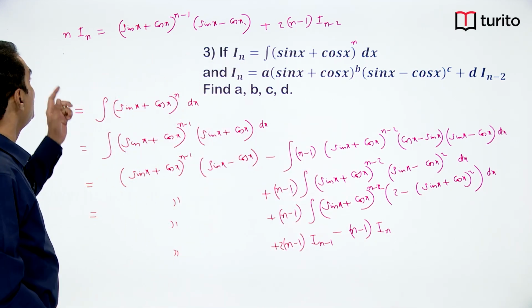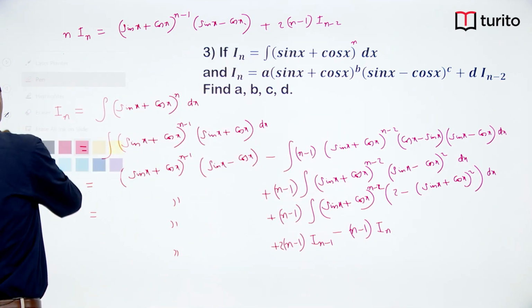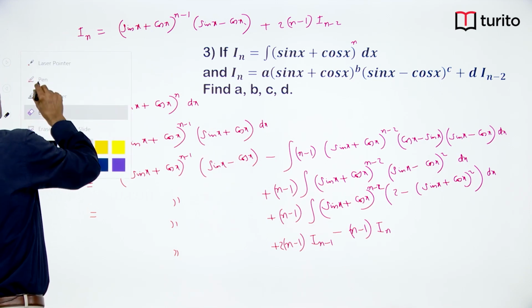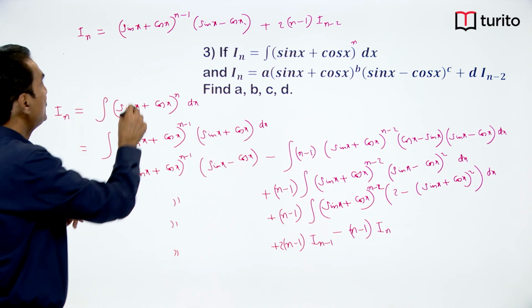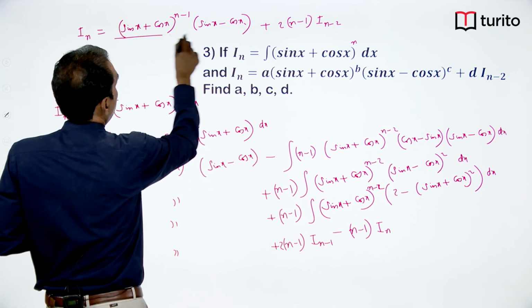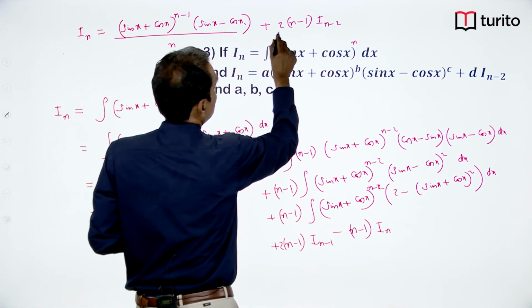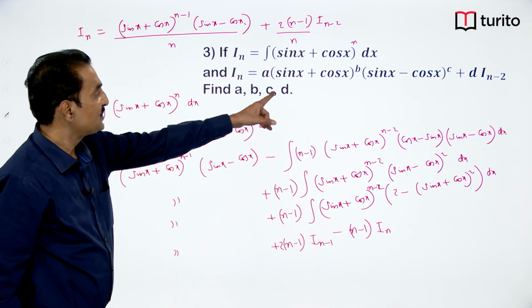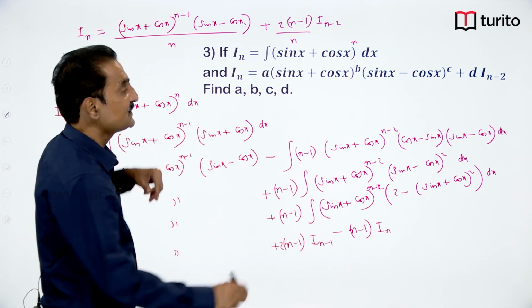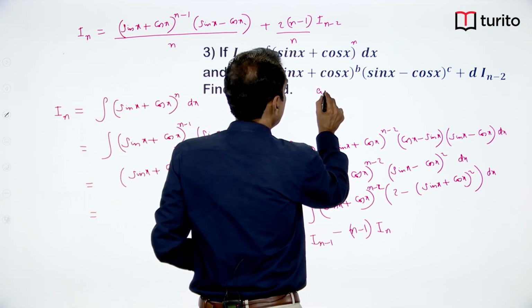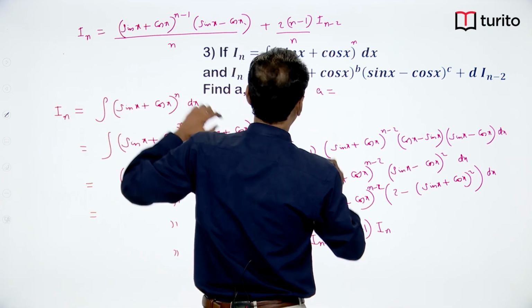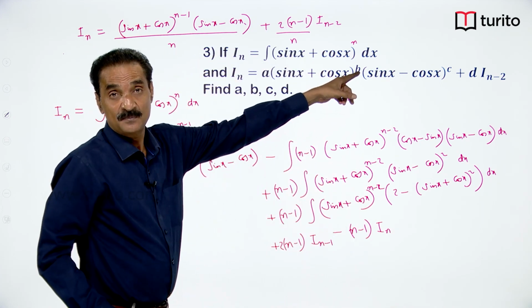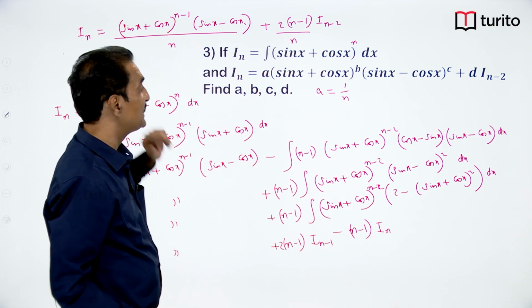Dividing both sides by n, the n will directly cancel. Dividing both sides by n, you will get this by n plus this by n. So, what are the constants? A is how much? 1 by n. B is the power of sin x plus cos x, that is n minus 1.